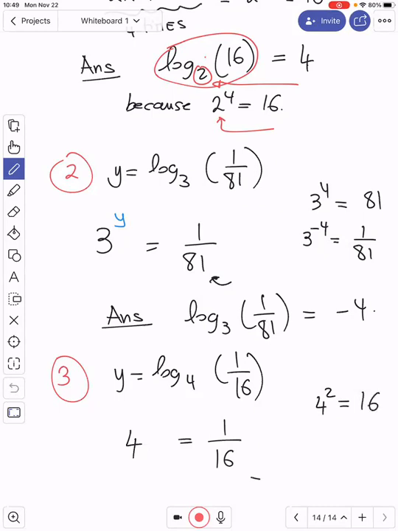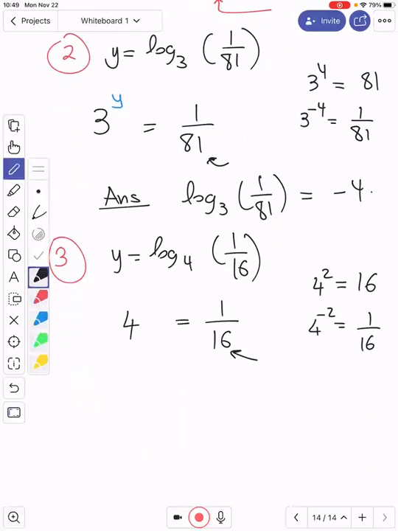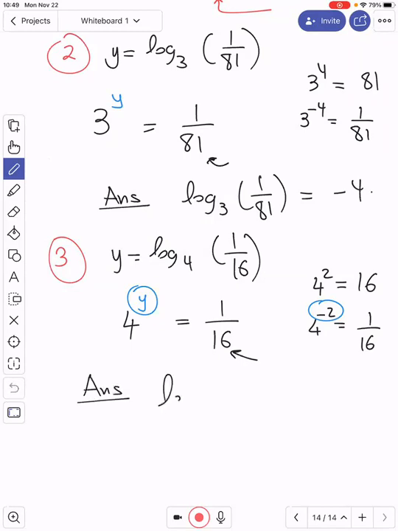But here your 16 is in the denominator, so you need a negative power. That's 4 to the negative 2, which is 1 over 16. So the answer, your Y, is negative 2. So log in base 4 of 1 over 16 is equal to negative 2.